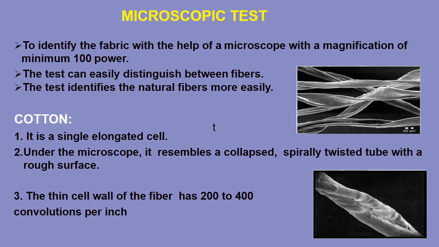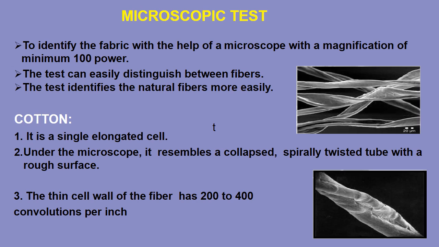First we will discuss cotton. It is a single elongated cell, as we are seeing in the picture at the bottom right. Under the microscope, it resembles a collapsed, spirally twisted tube with a rough surface.